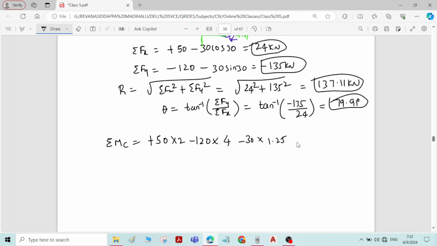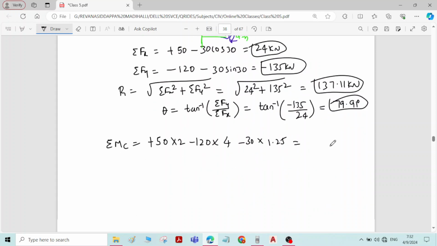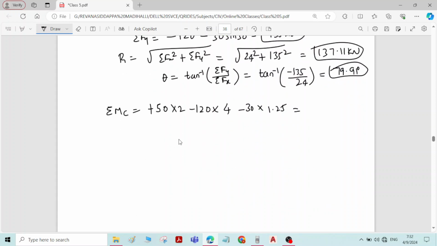Okay, therefore the answer is, let me calculate the answer. Yes, minus 417.5 kilonewton meter is the answer.